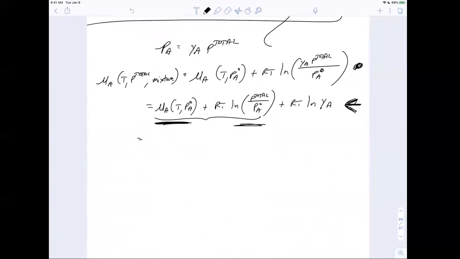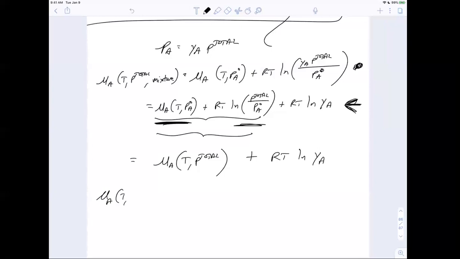So I can just rewrite this as mu A at temperature T and pressure P total, plus RT natural log y sub A. And this is the chemical potential of A in the mixture.